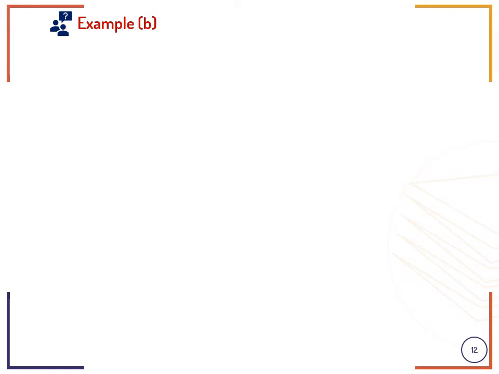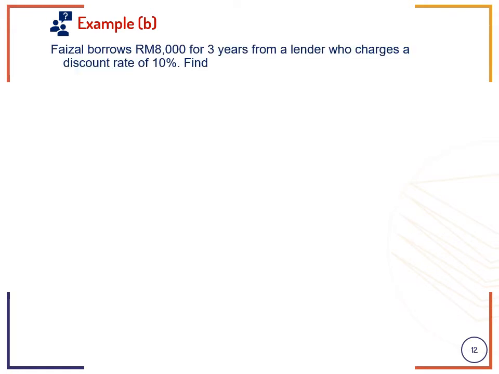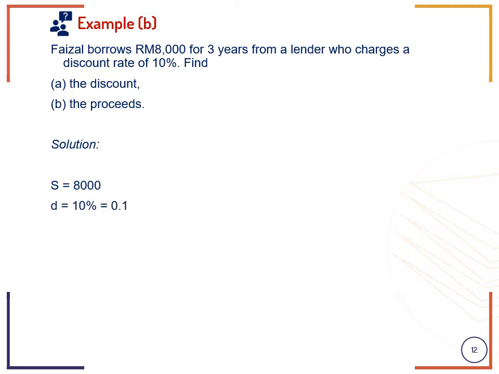Consider example B. Faisal borrows 8,000 for 3 years from a lender who charged a discount rate of 10%. Find the discount and the proceeds. Solution. Given the amount of maturity value, denoted as S, is equal to 8,000, discount rate is equal to 10% or 0.1, and time is equal to 3 years.